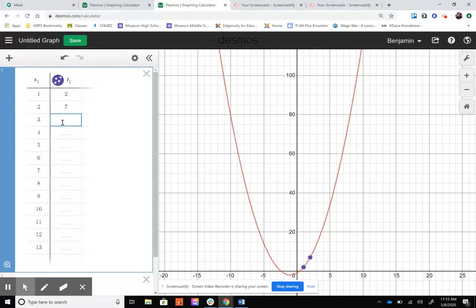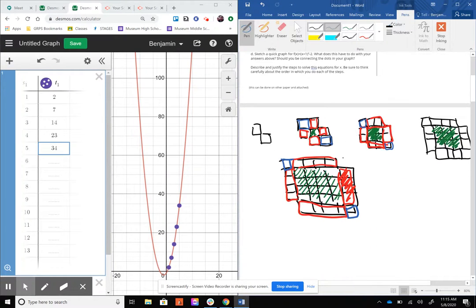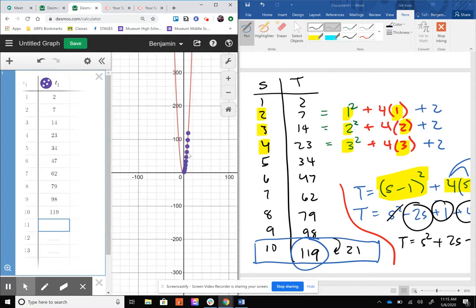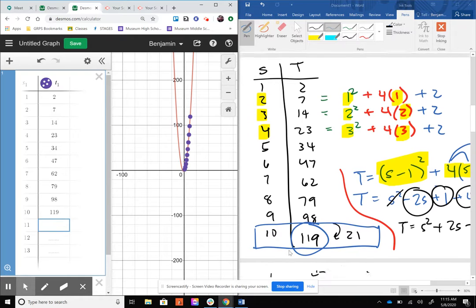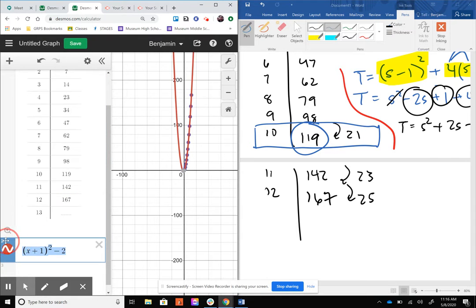So 2, 7, 14, 23, 34, 47, 62. And this shows us that we were making our calculations correctly because those points are landing right on the graph. Keep zooming out. 119, 142, 167. Sweet.